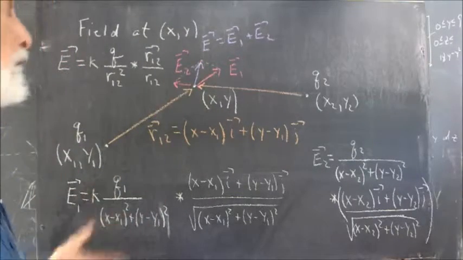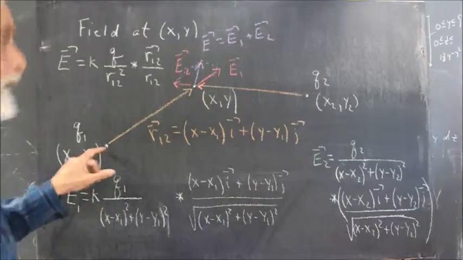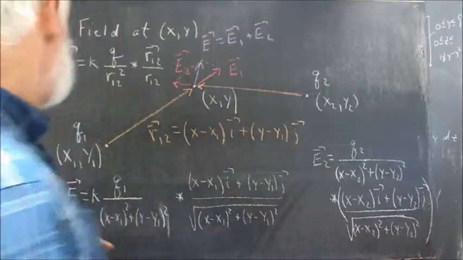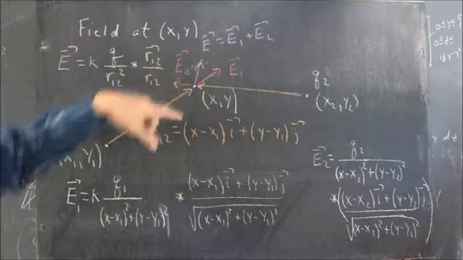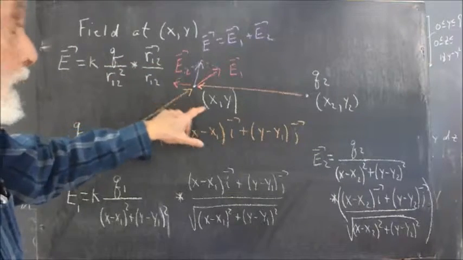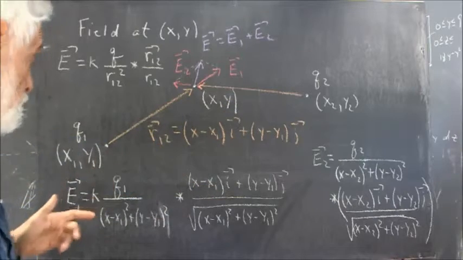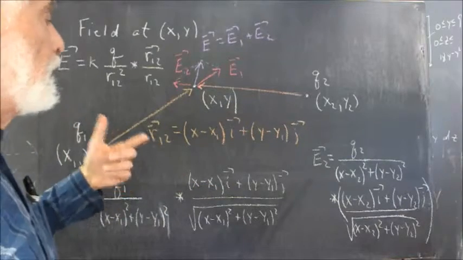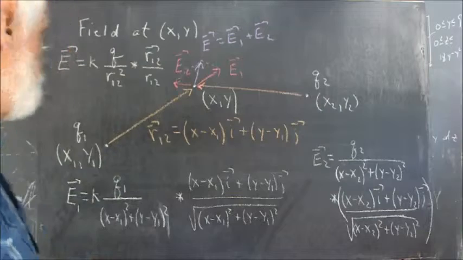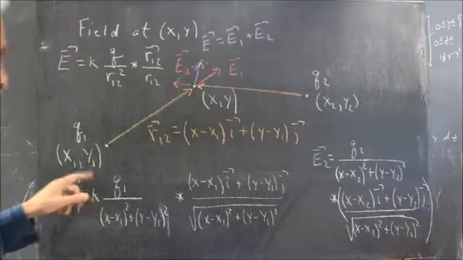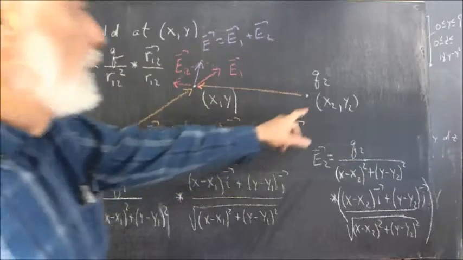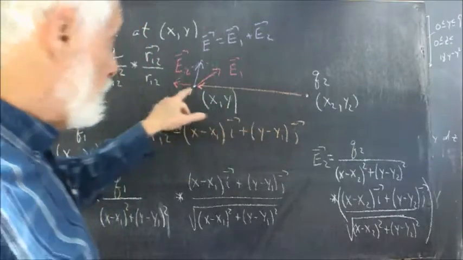Now the fact that you can do that, the fact that if you have two or more charges, you can calculate the resulting electric field at a given point x, y. We could call that point anything we want to. We could calculate the electric field at any given point by simply calculating the electric field due to one charge, the electric field due to the other.